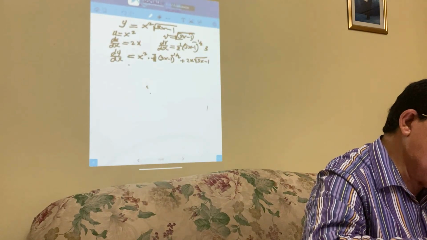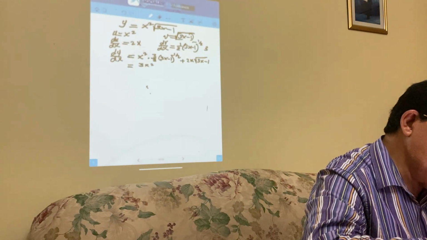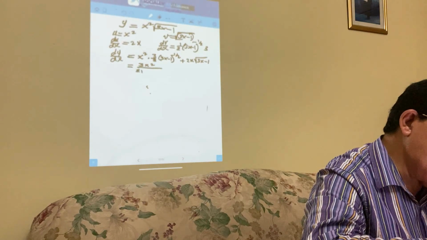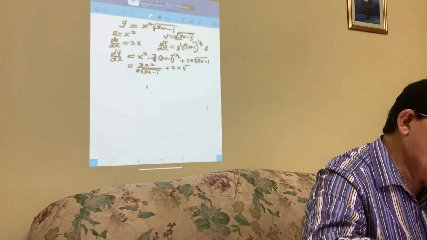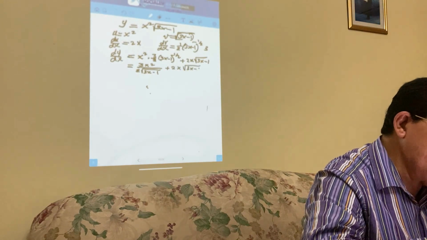And you can say this is equal to 3x squared over 2 the square root of 3x minus 1 plus 2x root 3x minus 1.